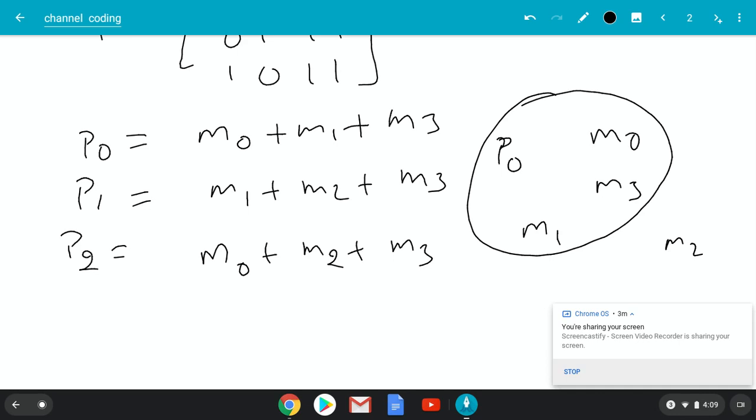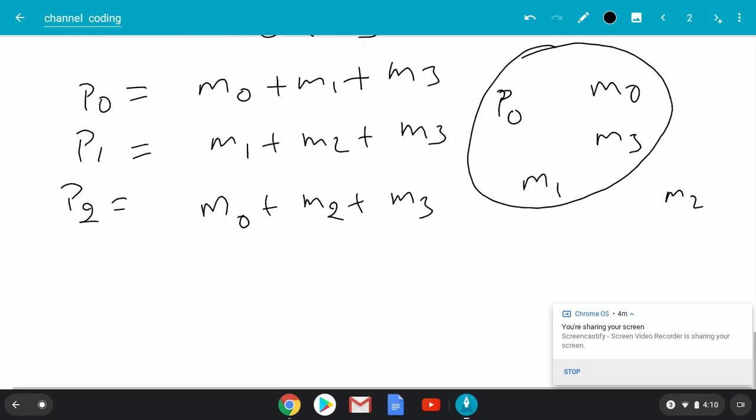We're going to assign a specific bit to this parity bit such that the total number of ones in this circle should be even. That means if you add P0 plus all of these, you should get 0, right? That means there should be an even number of ones in this circle.